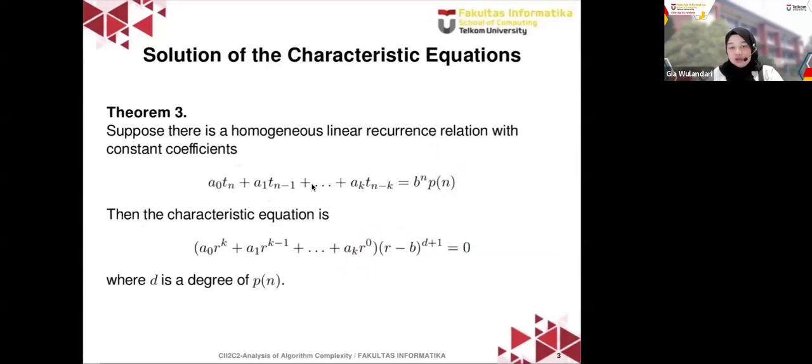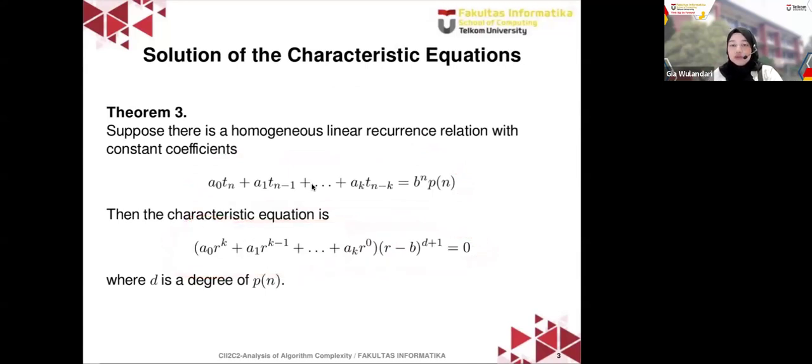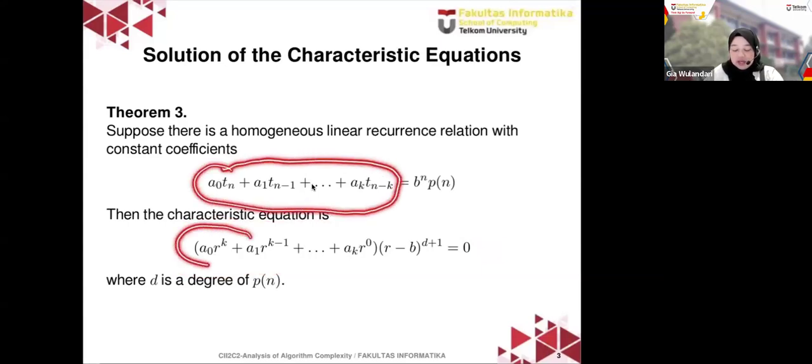And we have a theorem for a non-homogeneous recurrence relation. We can have a characteristic equation like this. The difference from what we had before is that previously we had a characteristic equation like this, if it is homogeneous.